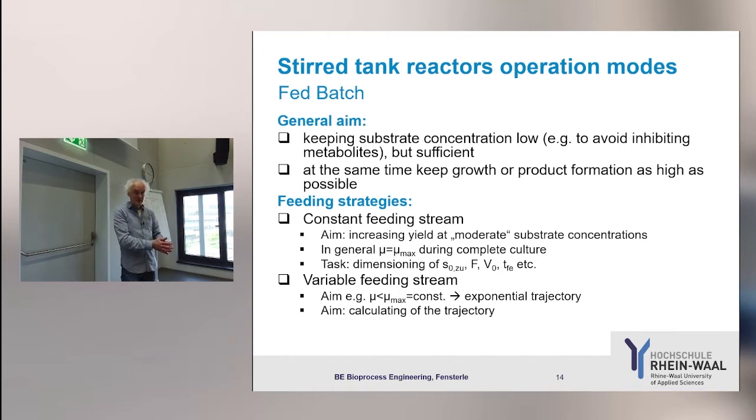We can optimize our batch time. We can optimize our feed time, and so on. So you see that there are many variables popping up at the end, which makes this optimization problem quite a bit complicated. And you are completely free then in the lab course, in the simulation, what to do.